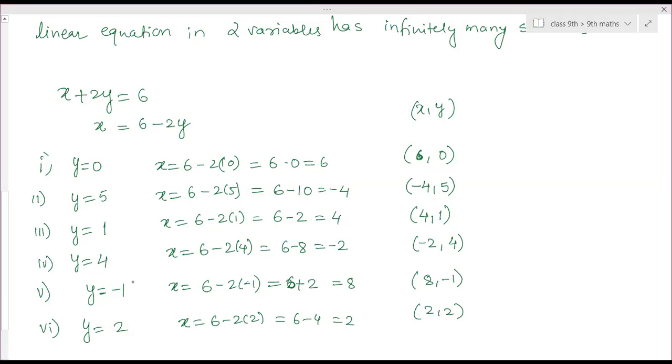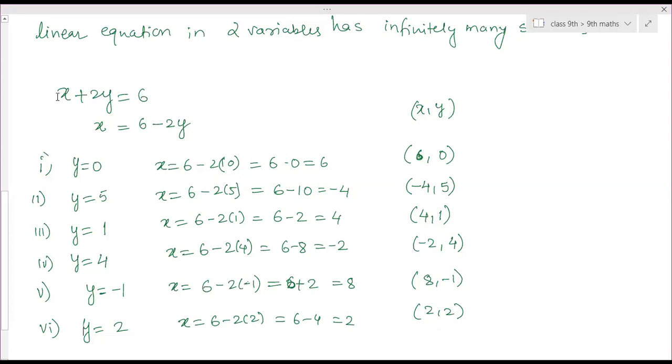Yes, ma'am. And there is one more fact, that when we plot this equation on the graph paper, these points, you will see that a single line can pass through all these points, coordinates. One single line can be drawn through all these points.